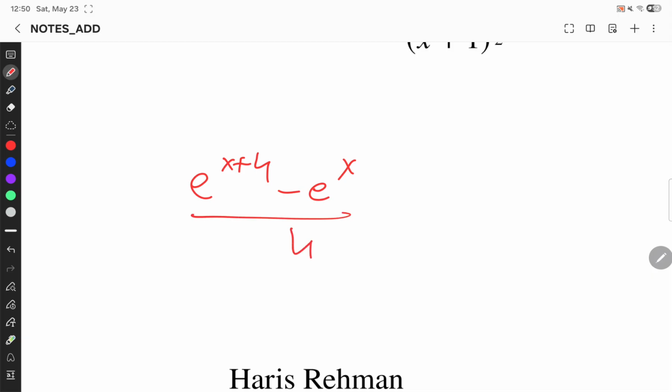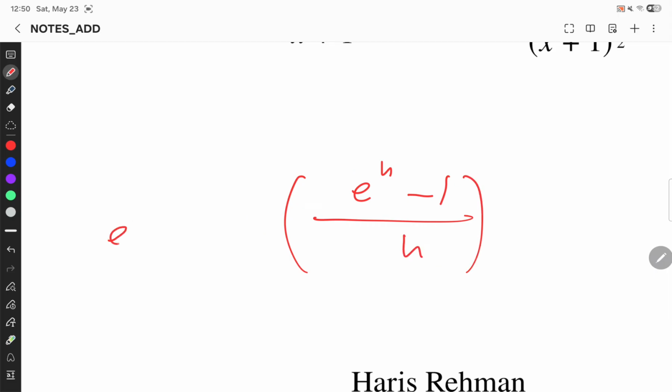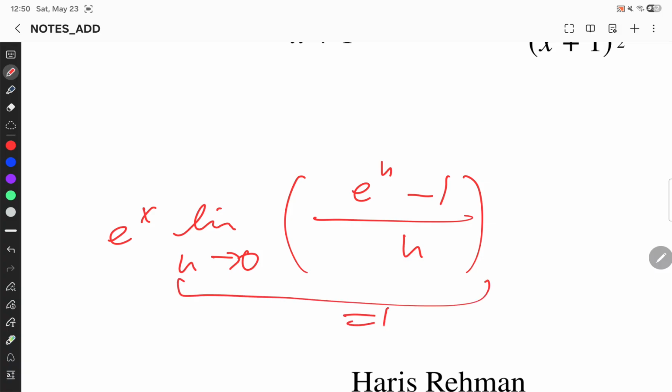This also abuses the fact. Now here we use the index properties to factor out e to the x from here, h, and from outside the limit. And as you recall, this will turn out to be equal to 1 because of our shenanigans, blah blah blah.